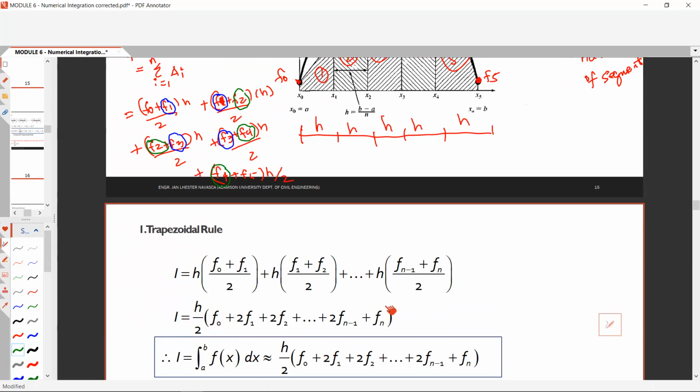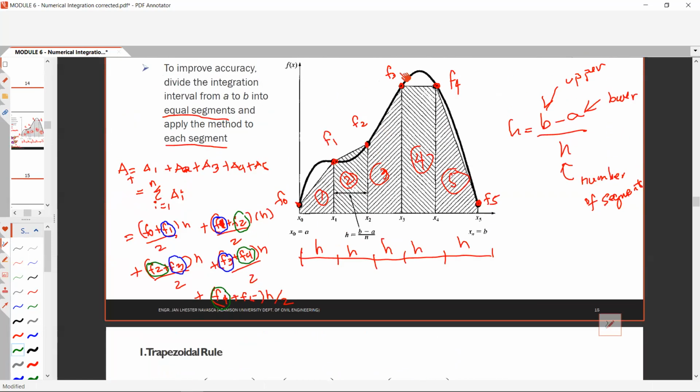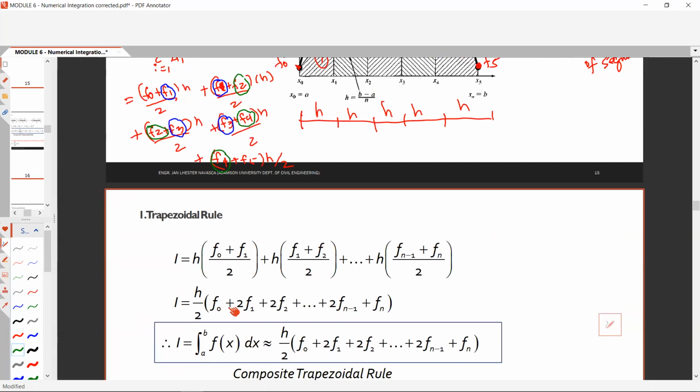Then the first and last have no multiplier, or the multiplier is just 1, and everything in the middle is doubled. There are intersection heights, so all the terms in the middle have a multiplier of 2. So 2 f of 1, 2 f of 2, up to 2 f sub n minus 1, which is one term before the last term.